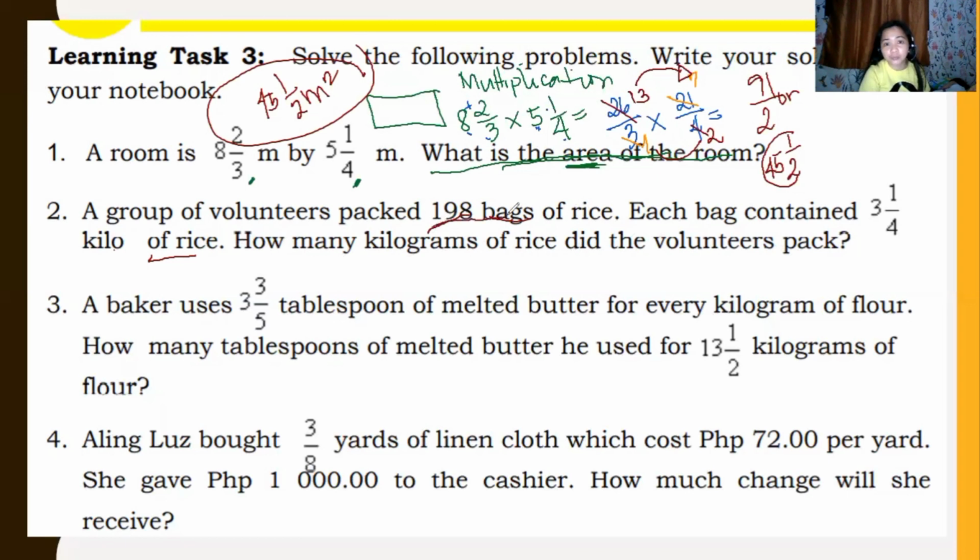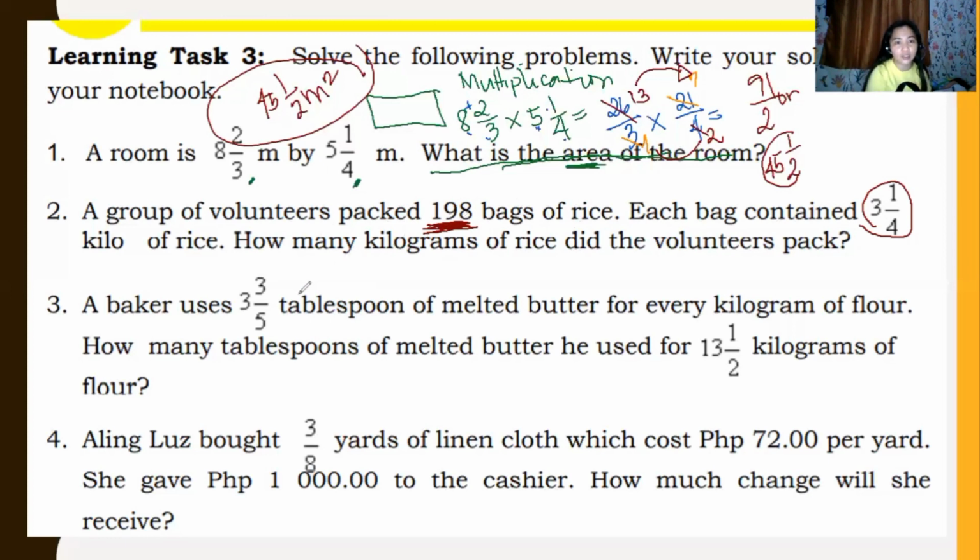Okay, ito daw yung bilang ng bags na kanilang naipack, 198 lahat. Ito yung 198 lahat na nailagay sa bags na bigas.